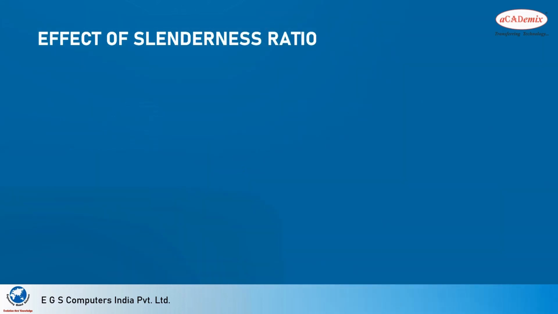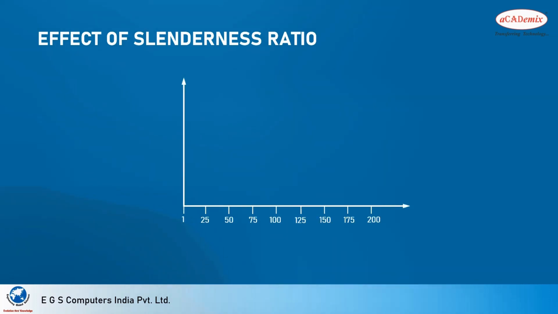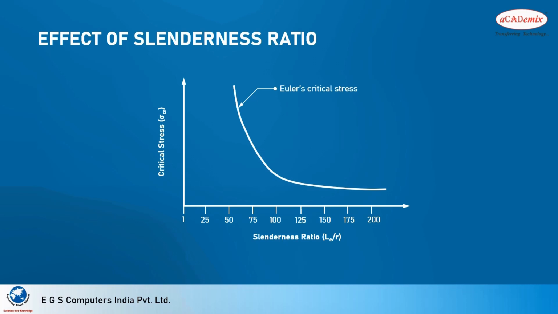Let's find out the effect of slenderness ratio in Euler's equation. When we plot Euler's critical stress against the slenderness ratio, it gives this type of relation. We know that buckling occurs before the yield stress value.